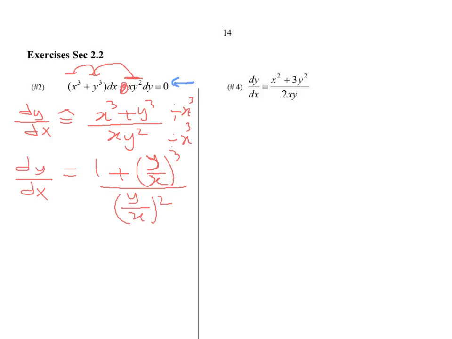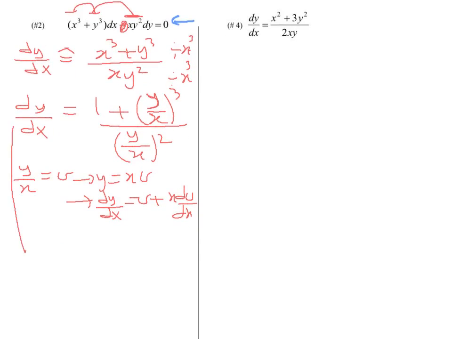Then we are going to let y over x equal v, so y equals xv. These three things do not change in every question. dy/dx is equal to v plus x dv/dx. Replace this in the differential equation, so we are going to have v plus x dv/dx equal to 1 plus v cubed over v squared, which must be separable.